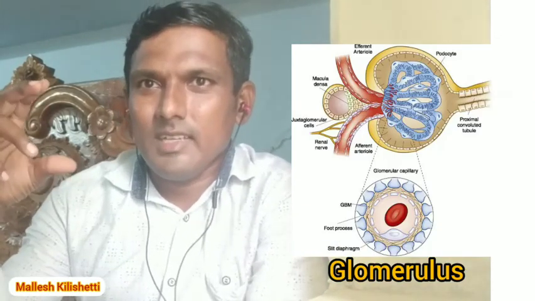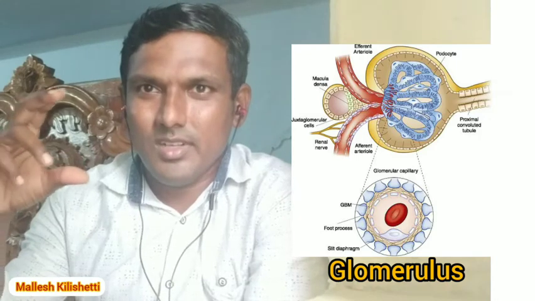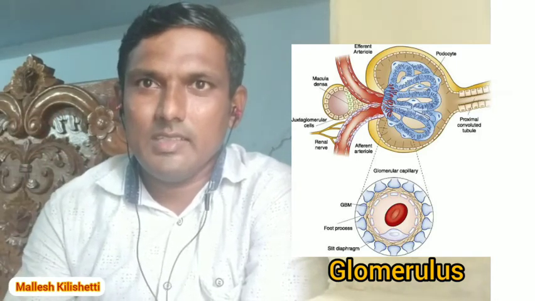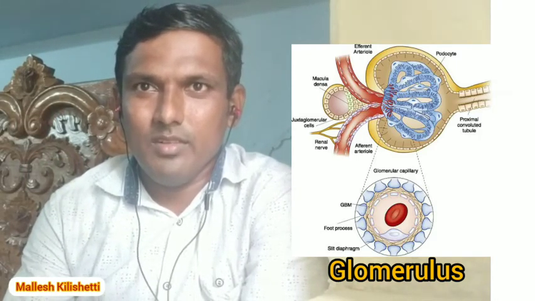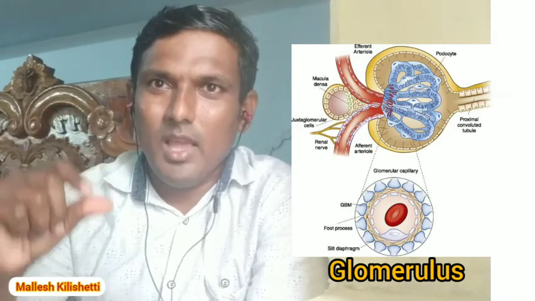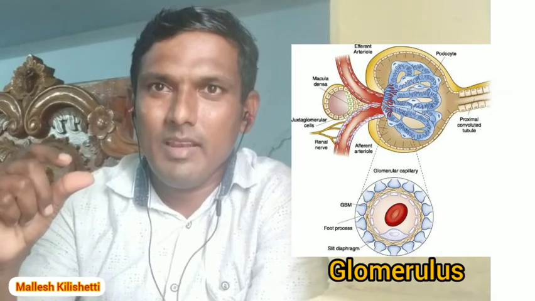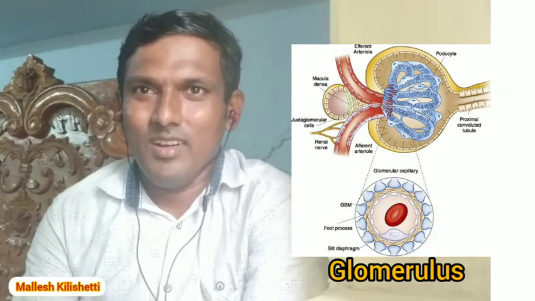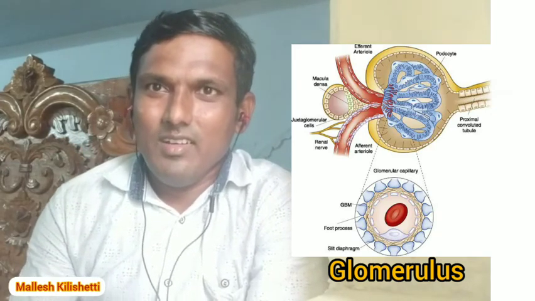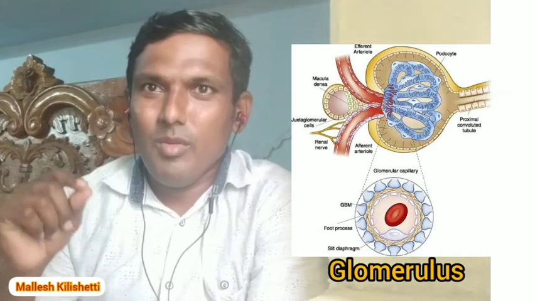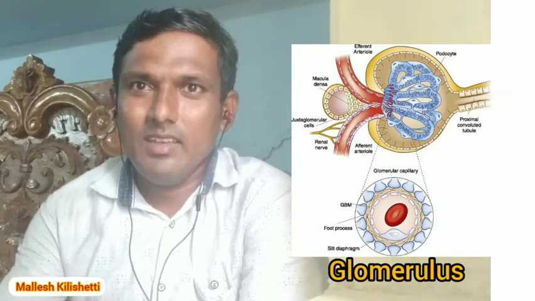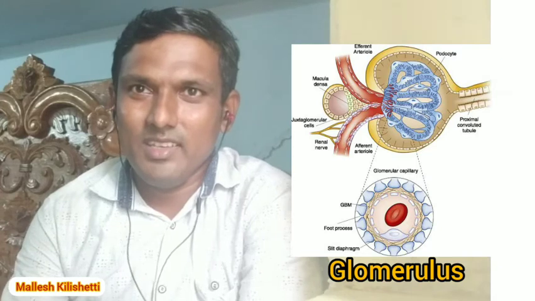It contains a blind, cup-shaped structure called the Bowman's capsule. The Bowman's capsule contains a bunch of blood capillaries called the glomerulus. Bowman's capsule and glomerulus together are called the Malpighian body.